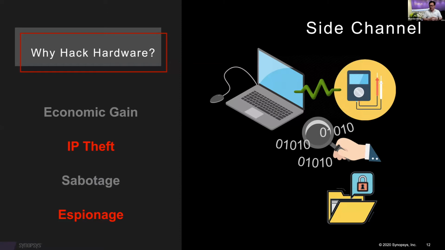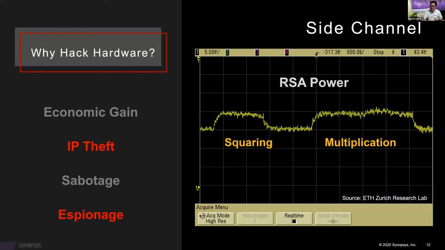Examples of such parameters include supply current, execution time, electromagnetic emission, and power analysis. Consider the power consumption when the chip is running, and look at the waveform data and computation steps to extract information. For example, this is an RSA crypto phase where different operations can be distinguished by looking at the power consumption.